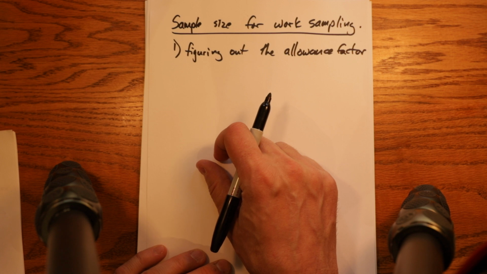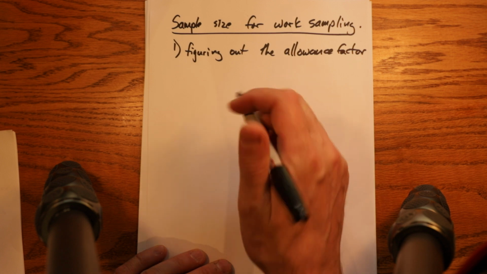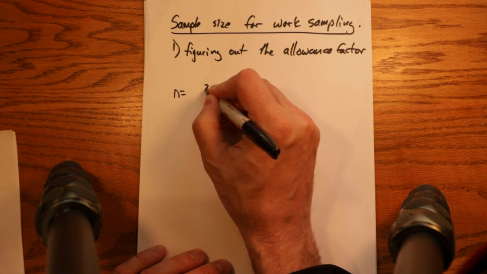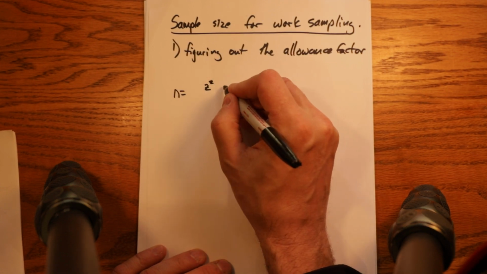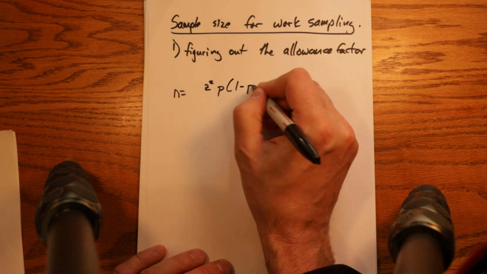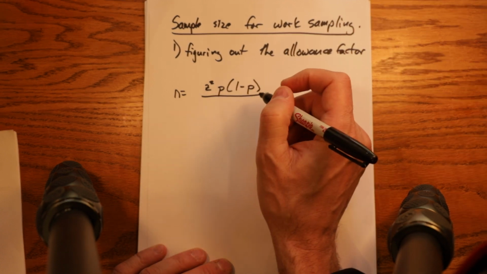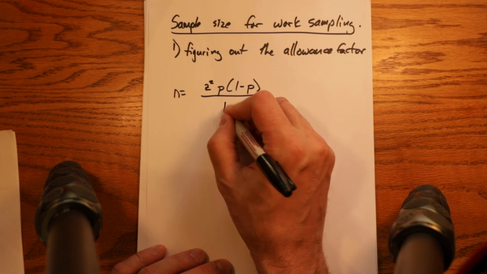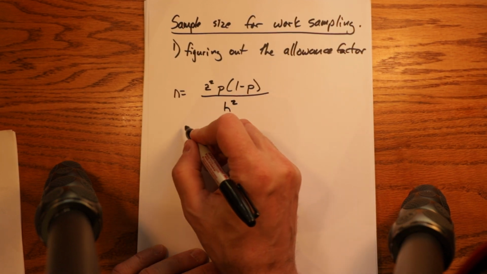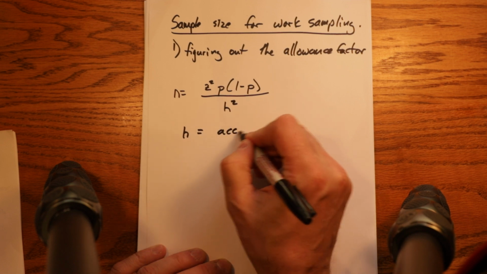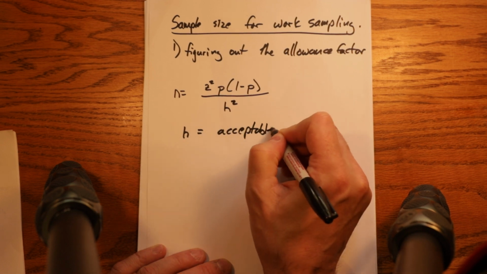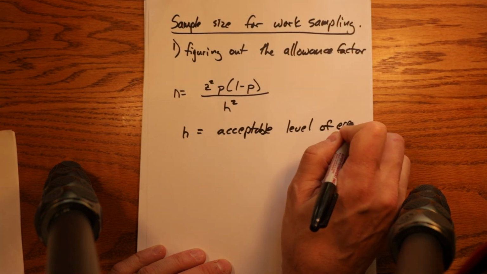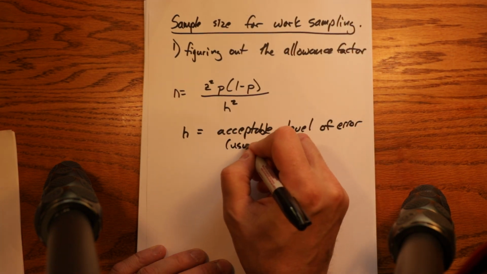So this is the sample size for figuring out the allowance factor, and the formula is n equals z squared p(1 minus p), and p, as was the case with the p chart, is the proportion or the size of the allowance factor, over h squared, where h is the acceptable level of error, and this is usually a small number.